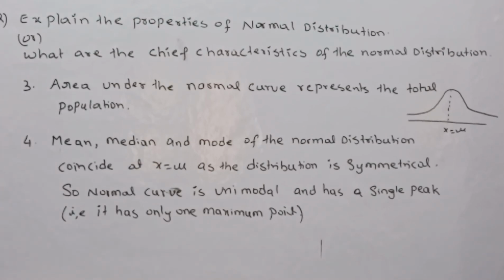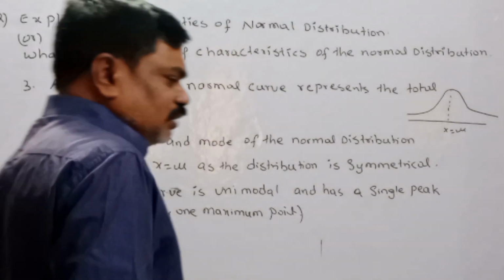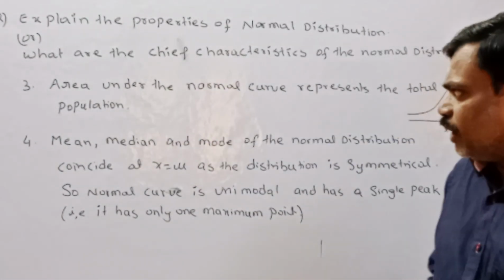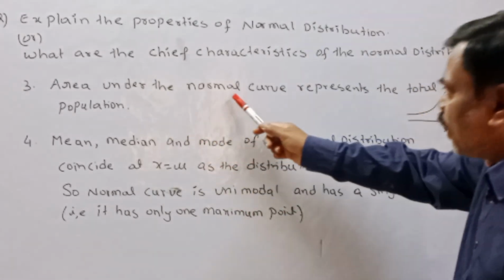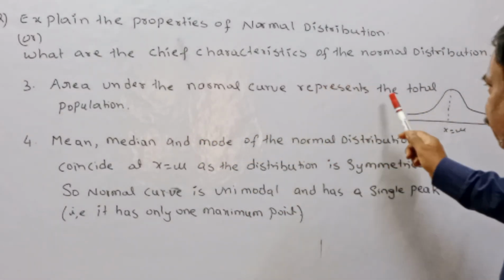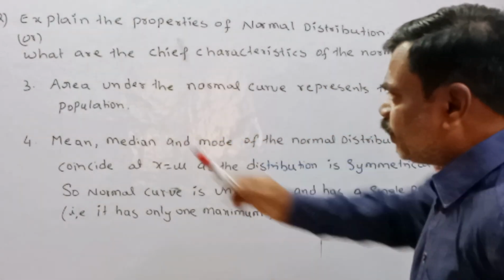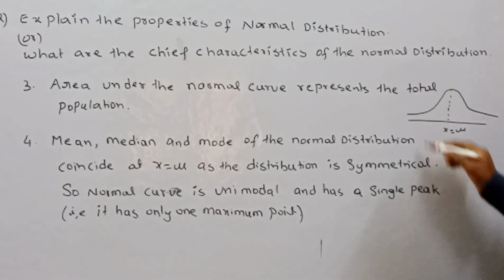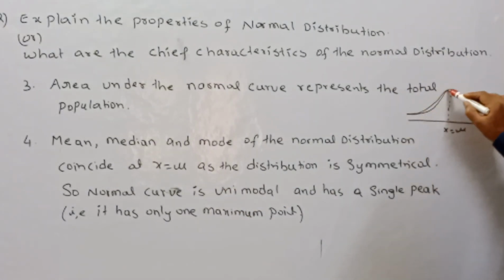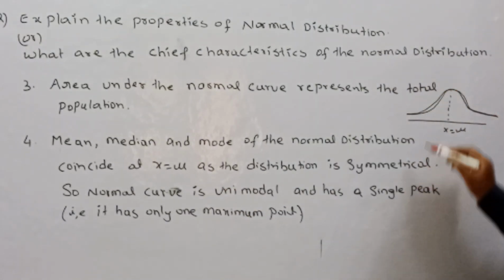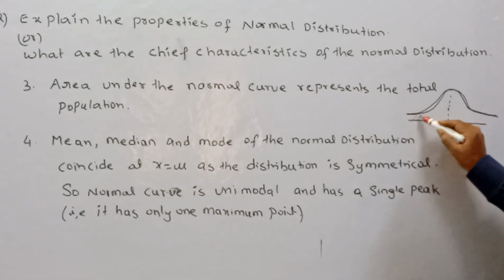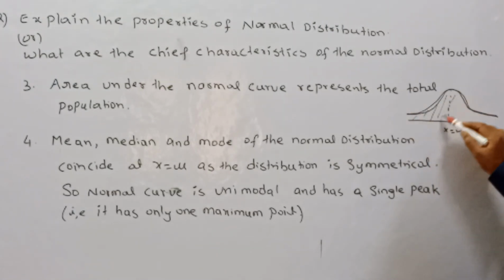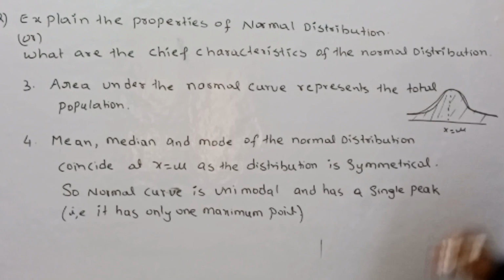Here, the third and fourth properties of the normal distribution. You observe here, the area under the normal curve represents the total population. So this is the total population of the normal distribution.